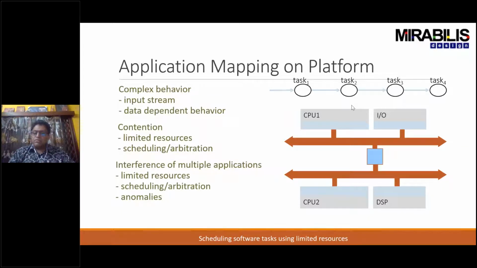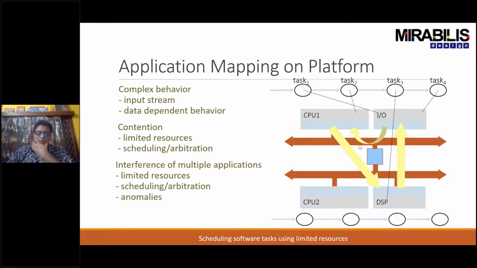The second one is the transfer between the tasks. So for example, if you look at these tasks, each one is getting mapped to one or more resources. And then there is the communication or the transfer between the resources. So the processing within a device, and then the transfer across devices.